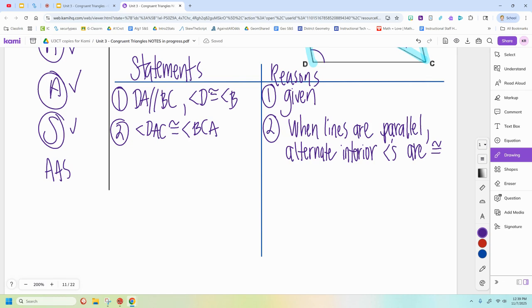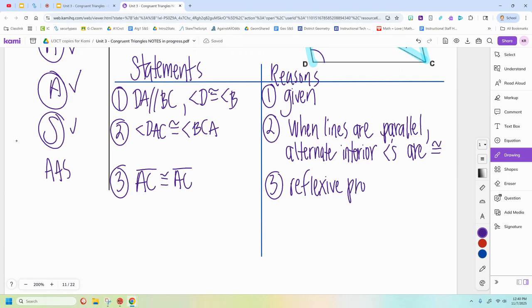Woohoo! All right, reflexive. Everybody knows how to do this. This is easy. What's the name of our reflexive side? AC, the diagonal. It's okay. AC is congruent to AC, and that's the reflexive property. And then you guys are finishing this proof up.